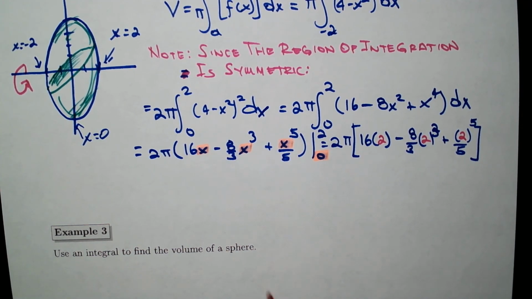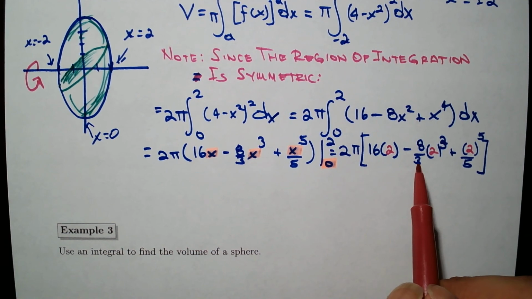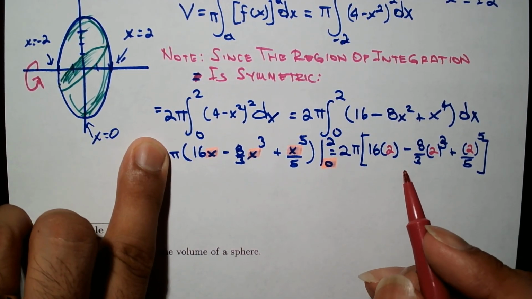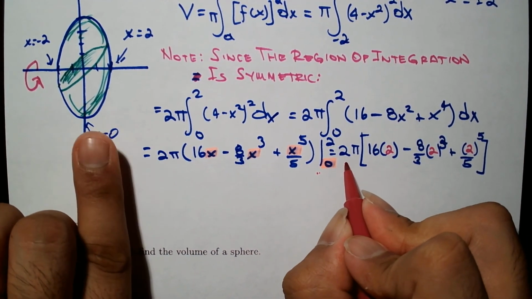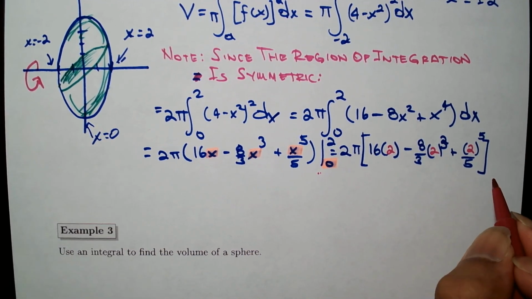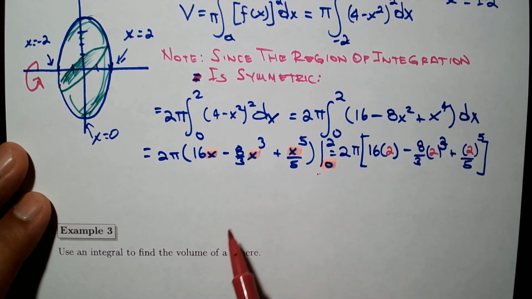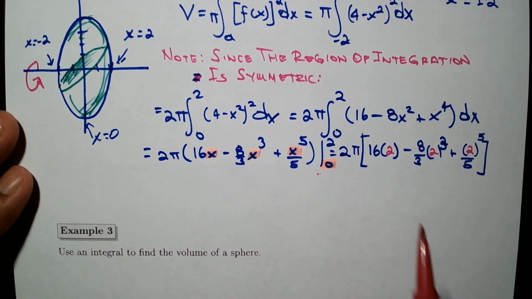So that's why we did the trick of taking advantage of the symmetry of the region of integration to avoid too many calculations, because if we kept it the original way, we would get a negative 2 over here, and we would have to evaluate another big chunk here, and that's what we want to avoid. Nevertheless, if you want to do it the other way around, you might want to try. You should get the same answer, but otherwise, that's going to take forever to simplify.